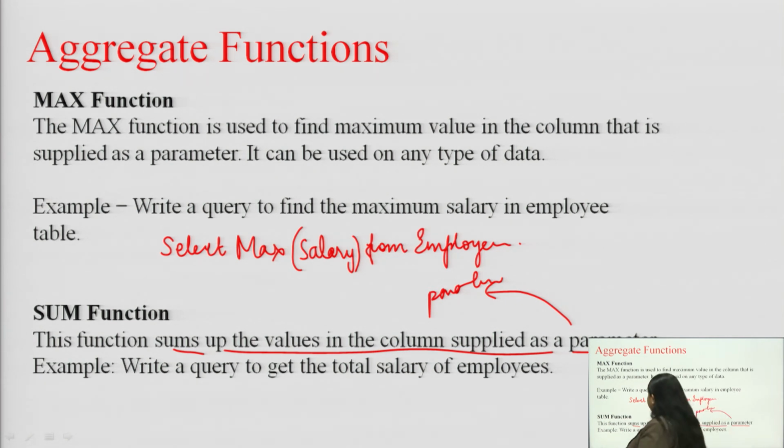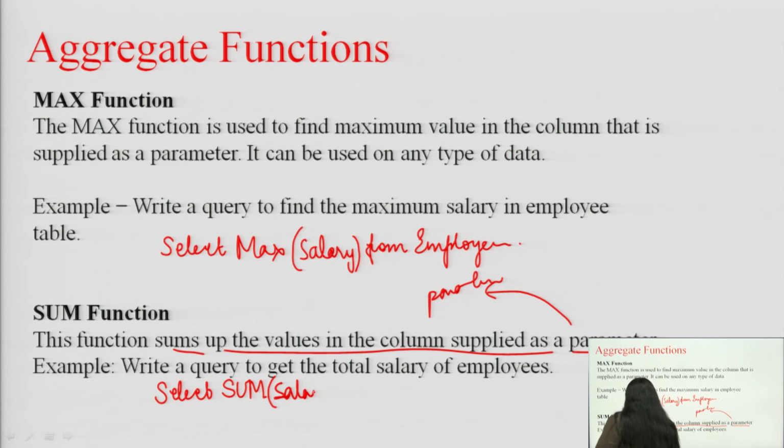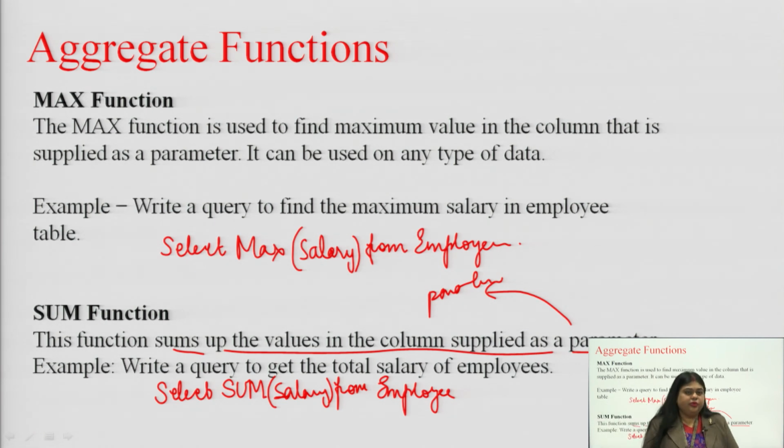Very simple again, we are going to write select sum on salary from employee table. Select sum on salary from employee table, right. So, this is how we use the max and the sum function.